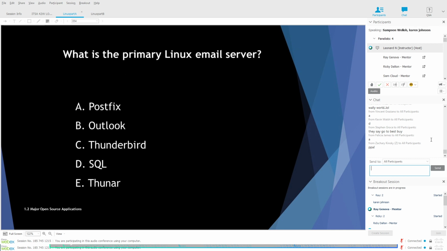All right, what is the primary Linux email server? You guys are all saying C? I think when we talked about applications, Thunderbird was in the list.